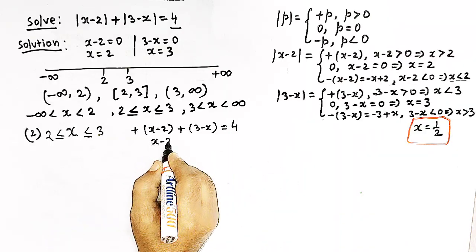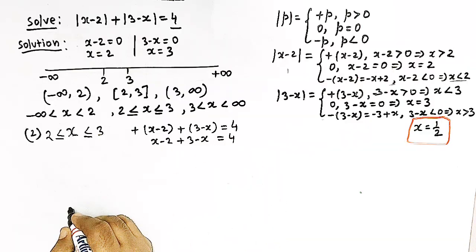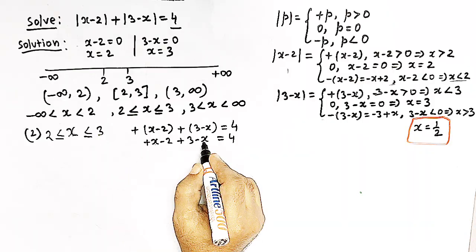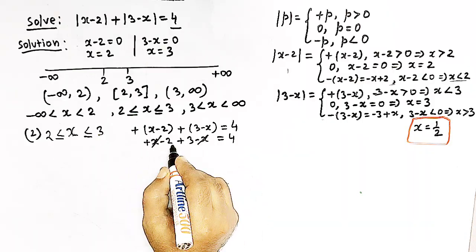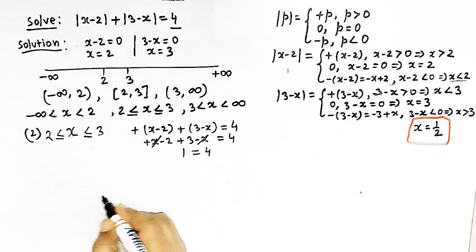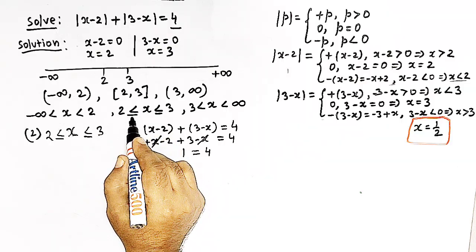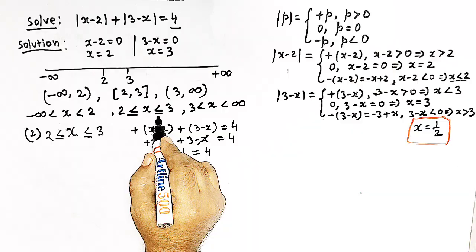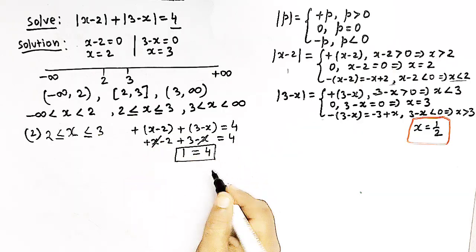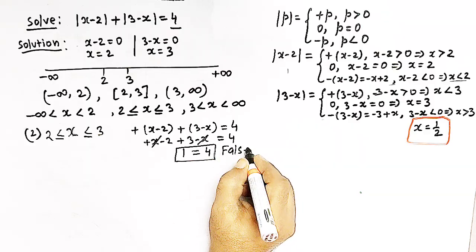So now we have x minus 2, then we have here 3 minus x is equal to 4. Now we can see that here we have positive x, here we have negative x, so these two get cancelled, and here we have 3 minus 2 is equal to 1, and here we have 4. So when we take this interval x greater than or equal to 2 but less than or equal to 3, then we arrive at this result, that is 1 is equal to 4, which is a false statement, right?